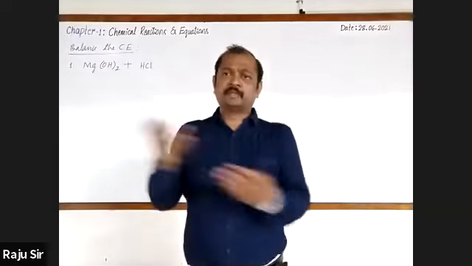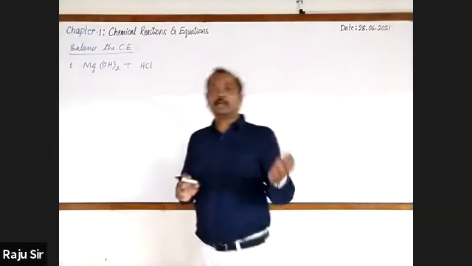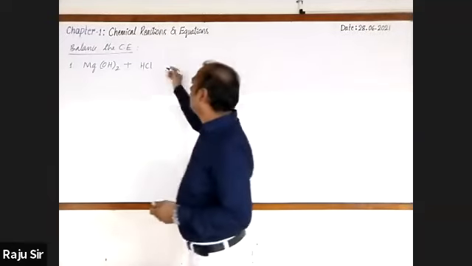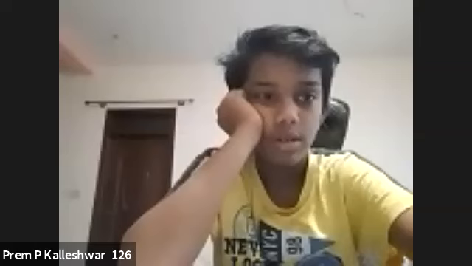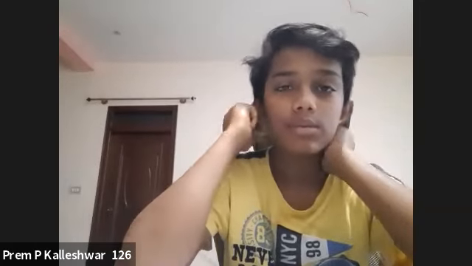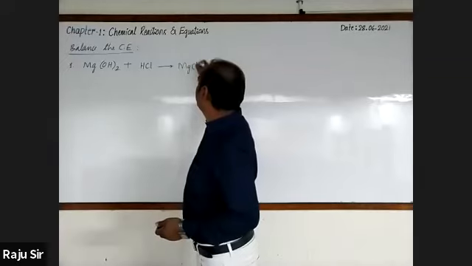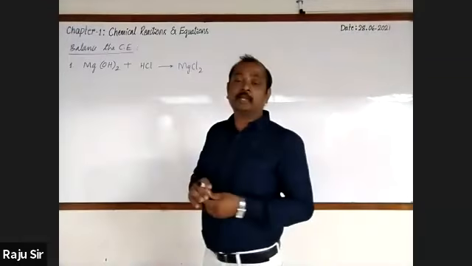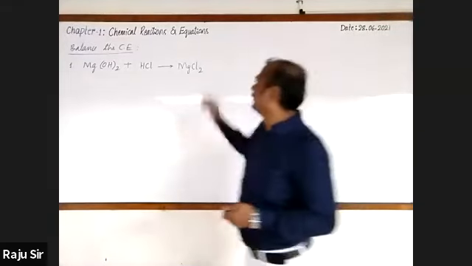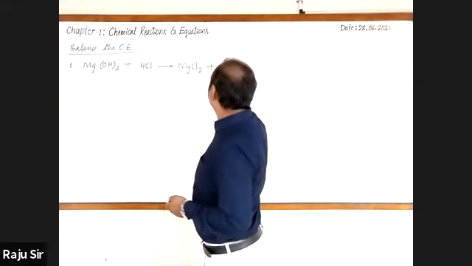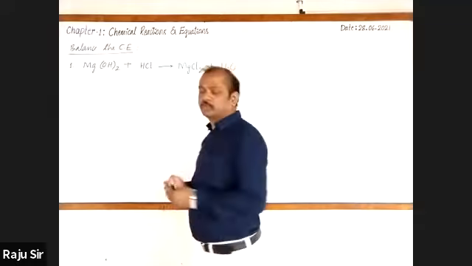What is the name of the salt formed here? MgCl2, sir. Yes, here magnesium and here chlorine, we get a salt called magnesium chloride, MgCl2, its chemical formula, plus water, H2O.